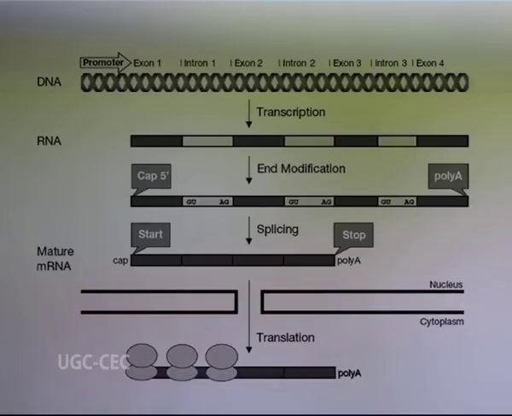The gene itself is discontinuous, comprising both introns, that is non-coding regions, and exons, that is coding regions. Once this stretch of DNA is transcribed into an RNA molecule, both ends of the RNA are modified, keeping the 5' end and placing a poly A signal at the 3' end.